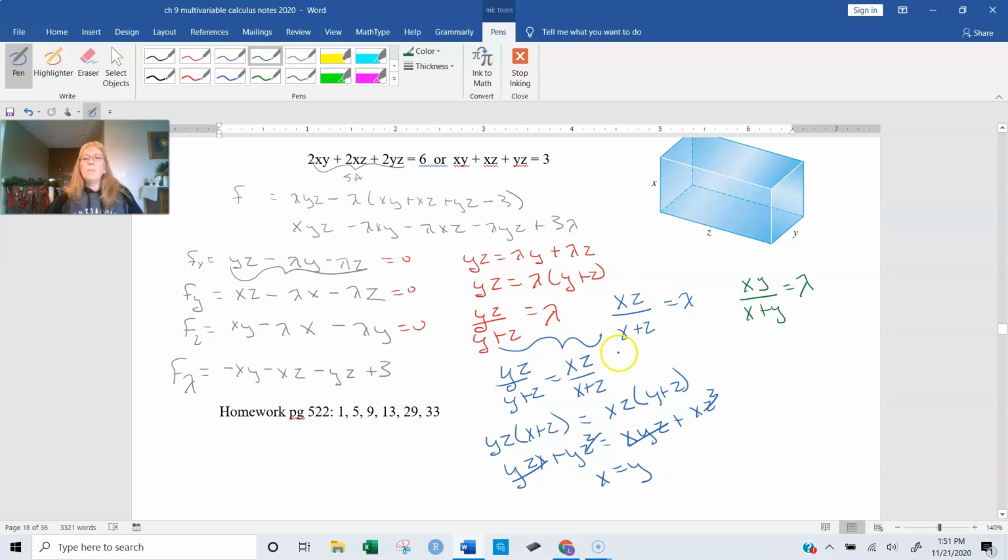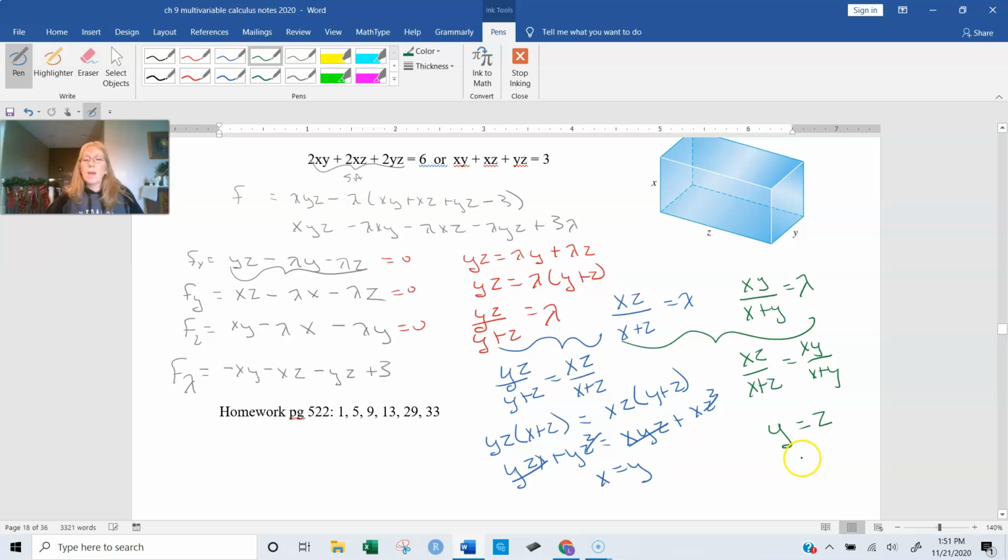Now you're going to do the same thing with these two. So you're going to go xz over x plus z equals xy over x plus y. Same work, and you end up with y equals z.